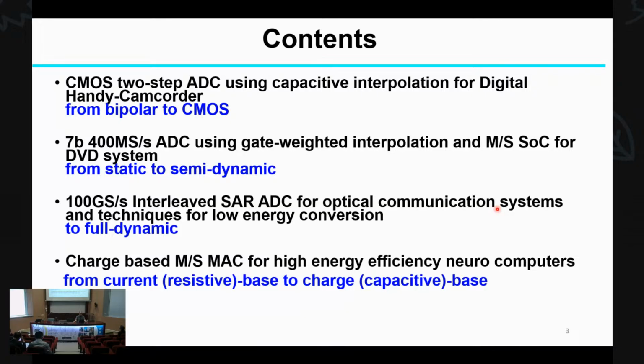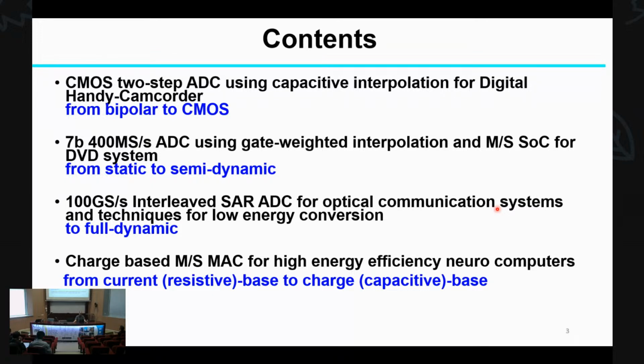And next is the 100 gigasample per second interleaved ADC for optical communication systems, and techniques for low energy conversion in spite of the extremely high sampling frequency of 100 gigasamples per second. This current ADC uses full dynamic analog circuits, and no static current flows.